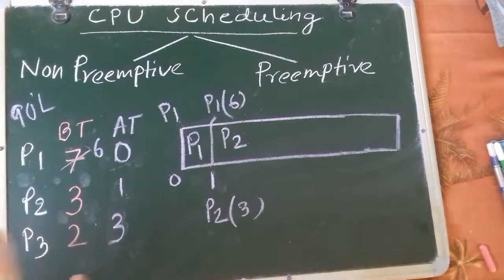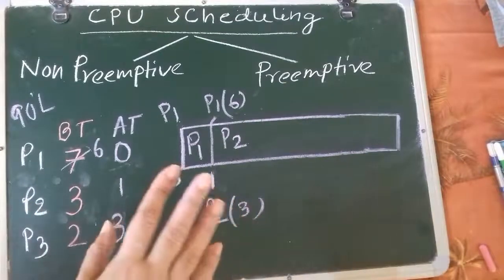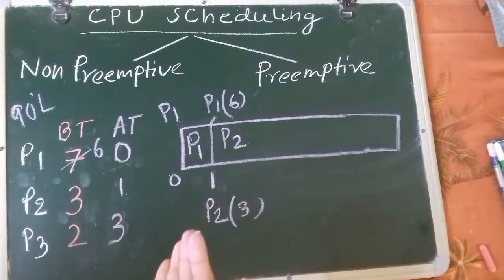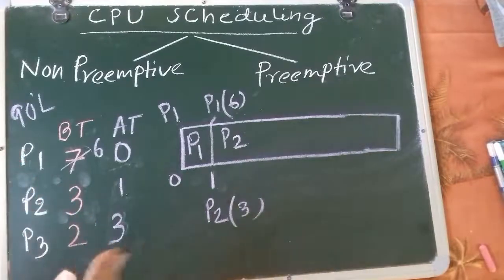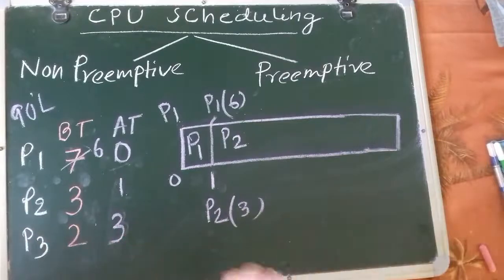Preemptive means the CPU can be taken. Once you have given the CPU, you need to keep the CPU attached with the process. The opposite is preemptive: you can take the CPU from the process later if some higher priority job comes, or, if your criterion is the burst time, lower burst time will be given higher priority. So you can take away the CPU and give it to some other process.